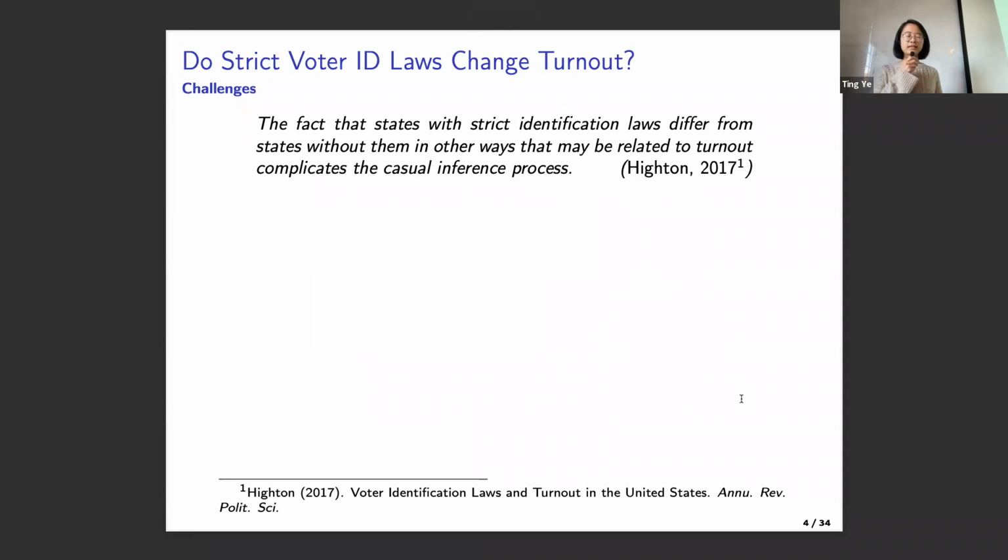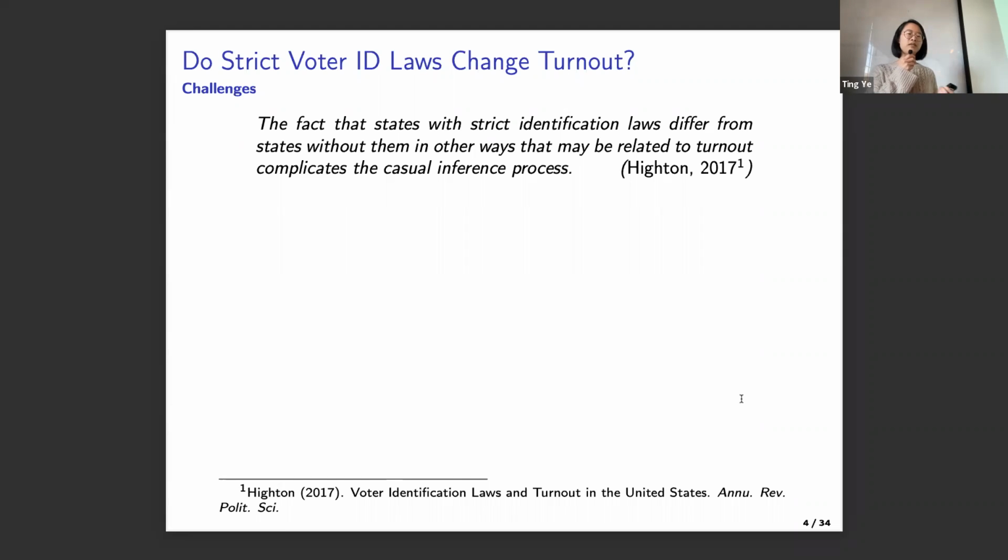Strict voter ID laws have been under a lot of debate. At the core of this debate is a balancing of election security and the ease of voting. Opponents of strict voter ID laws argue that these laws place a disproportionate burden on low-income voters, minorities, and the young and elderly.